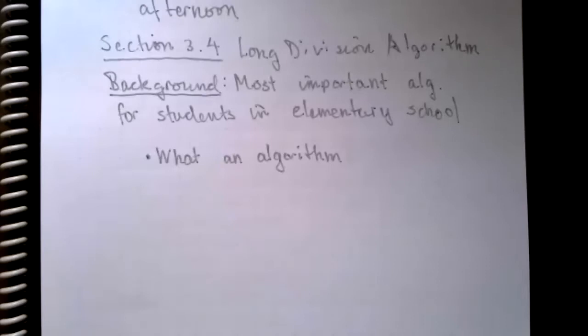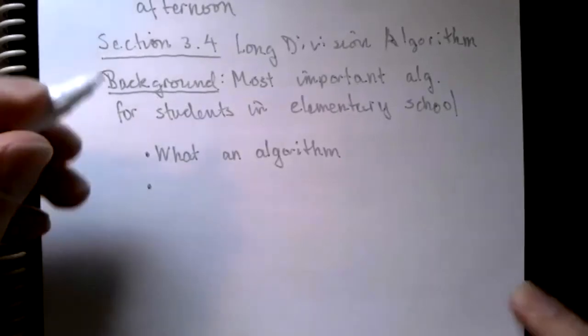The long division algorithm kind of takes a more holistic approach. You have to look at the whole entire thing of the two numbers. Okay, so it's a little bit better example of an algorithm than the other ones.